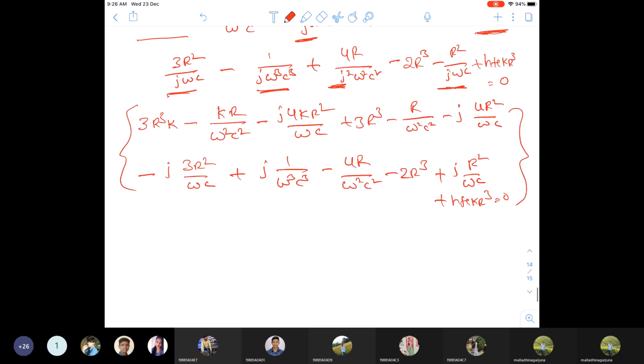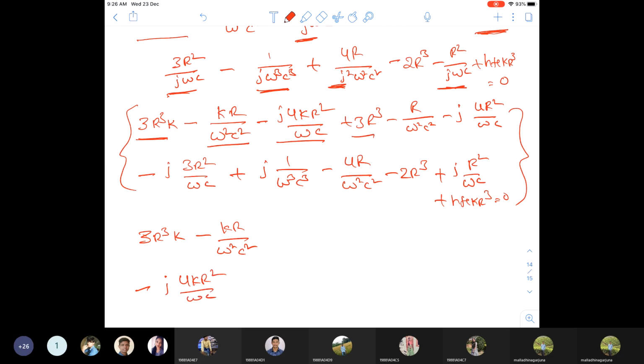Now see, write all the imaginary part in one place, all the real part in another place. This is real: 3r cube k. This is also real: minus kr by omega square c square. This is imaginary, so here I'm writing minus j into 4k r square by omega c.